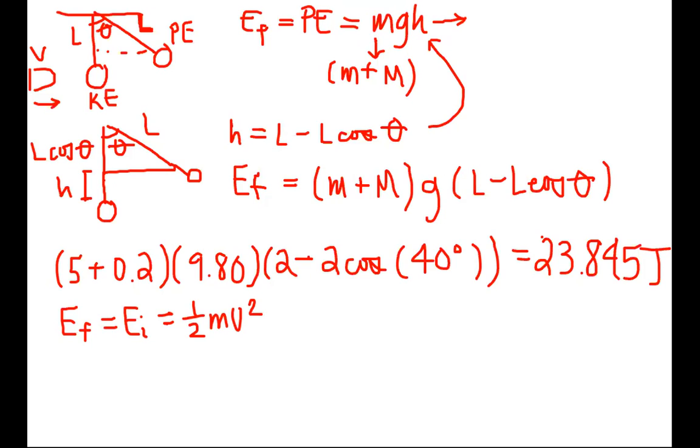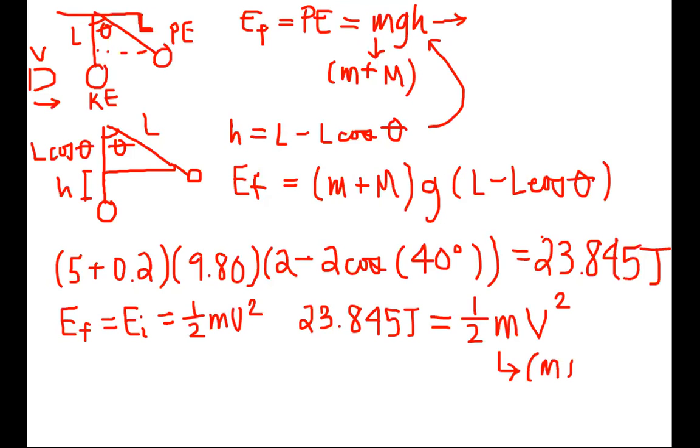So taking our value of 23.845 joules, which is energy initial, we can state this is equal to 1/2 mv squared. Now we have mass. In this case, again, mass would be equal to little m plus big M because the pendulum and the bullet are stuck together.